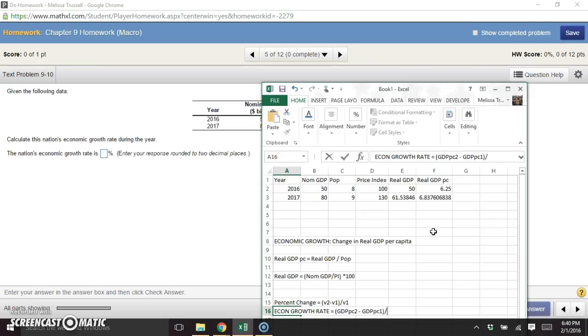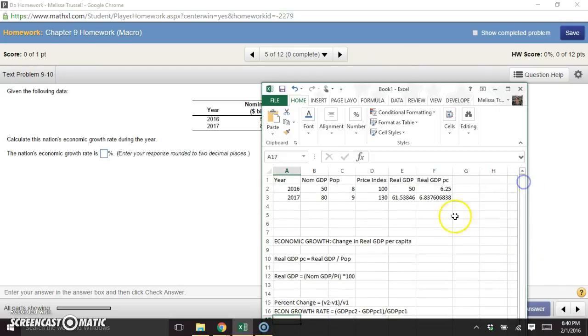All of that divided by our GDP per capita in year 1. So I've just taken the general formula for percent change, value 2 minus value 1 divided by value 1, and I've put it in terms of what we're talking about in this problem, GDP per capita. So we want our GDP per capita from our second year minus our GDP per capita from our first year, all divided by our GDP per capita in our first year.